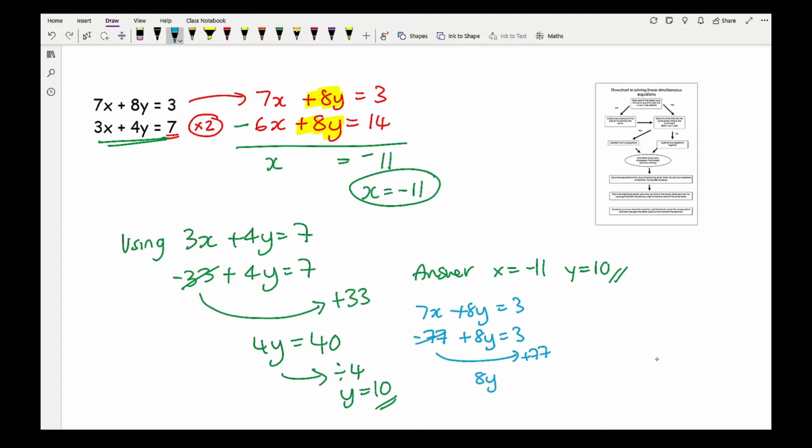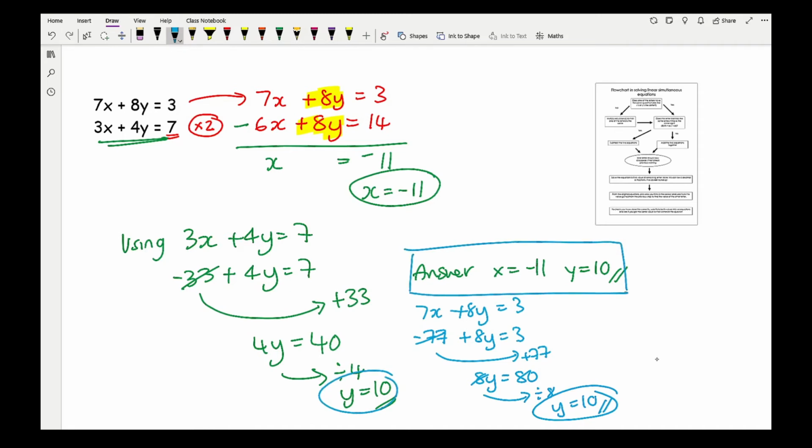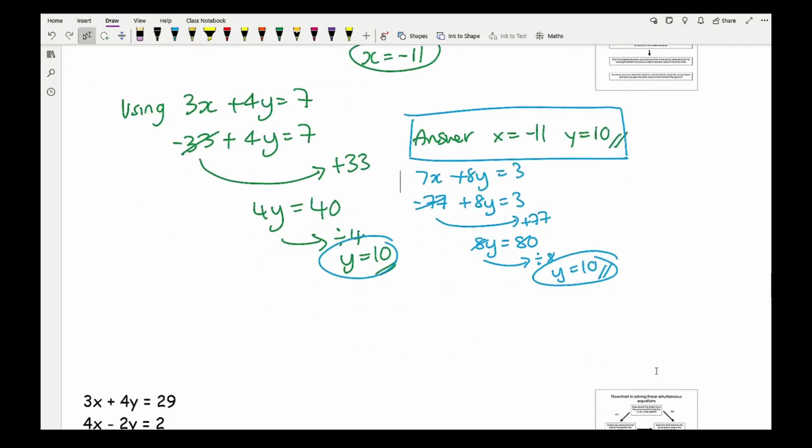So I've got 8y equals 80, take the 8 over, and so y equals 10. And you can see that I still get the same y. So it doesn't really matter which equation you use, but if you've done it correctly, you should end up with the same answer. And again, it's always good practice for you to write down what your answers are at the end of your answer, so it's not like a treasure map like what I've done.